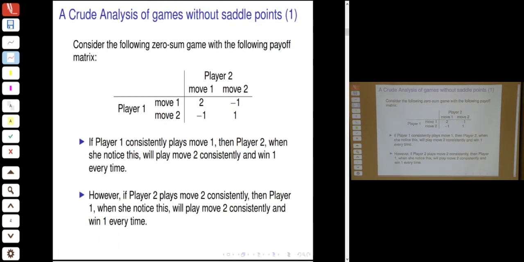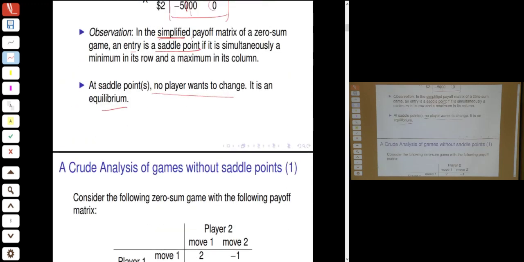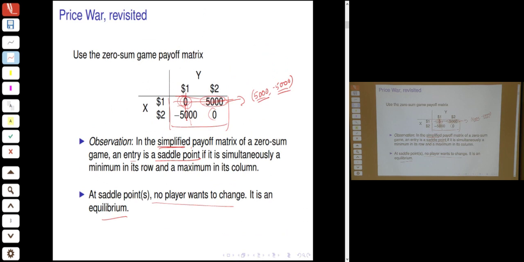So now let us discuss a bit about crude analysis of games without saddle points. In some sense, a game with saddle points is easier, because if you have a saddle point, then that already gives you a good strategy profile, because no player would want to change from that.